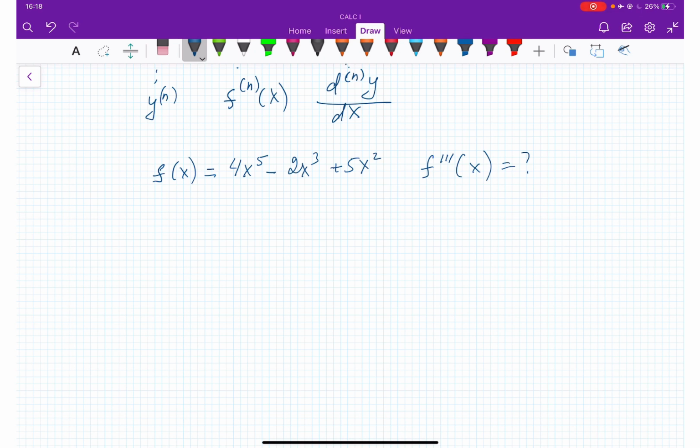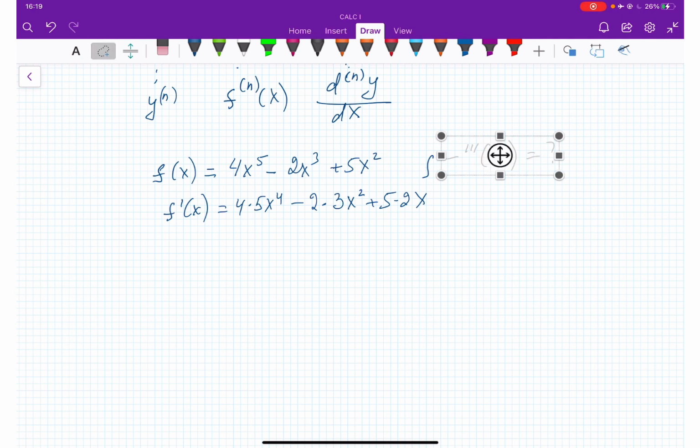So the first derivative, f prime of x, is going to be equal to 4 times 5x to the power 4 minus twice 3x to the power 2 plus 5 times 2x. Let me simplify.